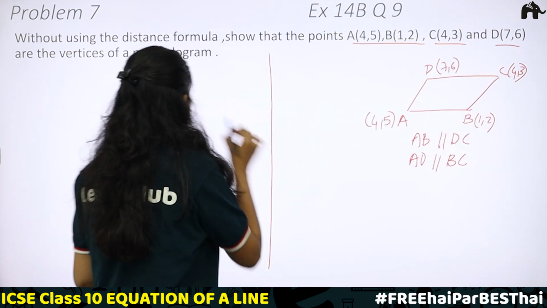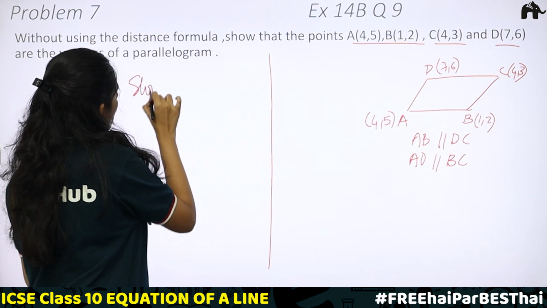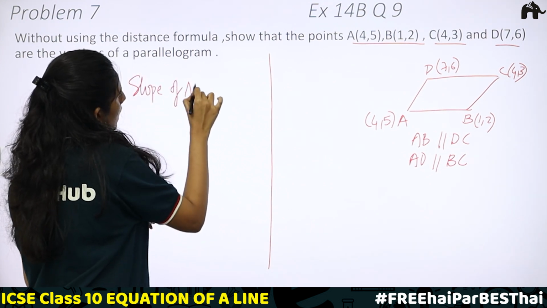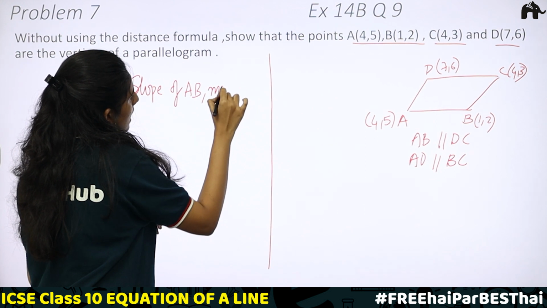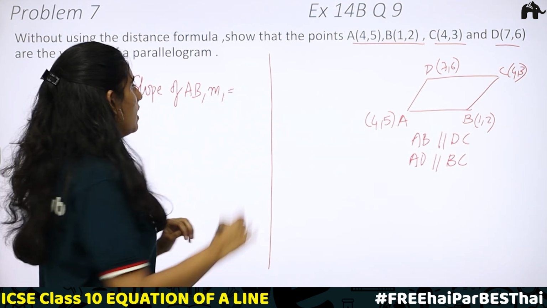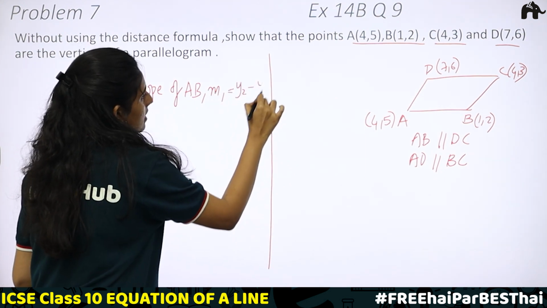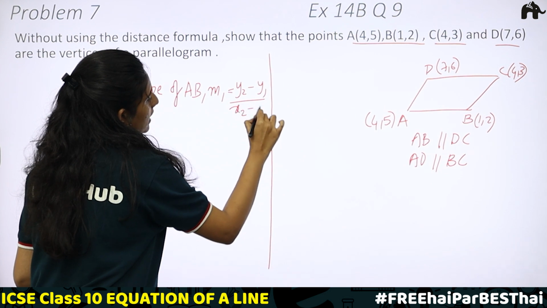First, let us find the slope of AB, which is taken as M1, equal to y2 minus y1 divided by x2 minus x1.